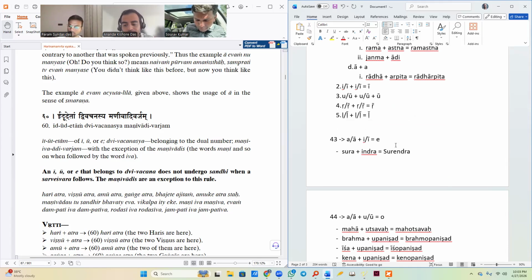Homework number 3: pick canto 1, chapter 1, text 5, and count the syllables. Do the Laghu Guru thing. It will be helpful, doing this exercise.